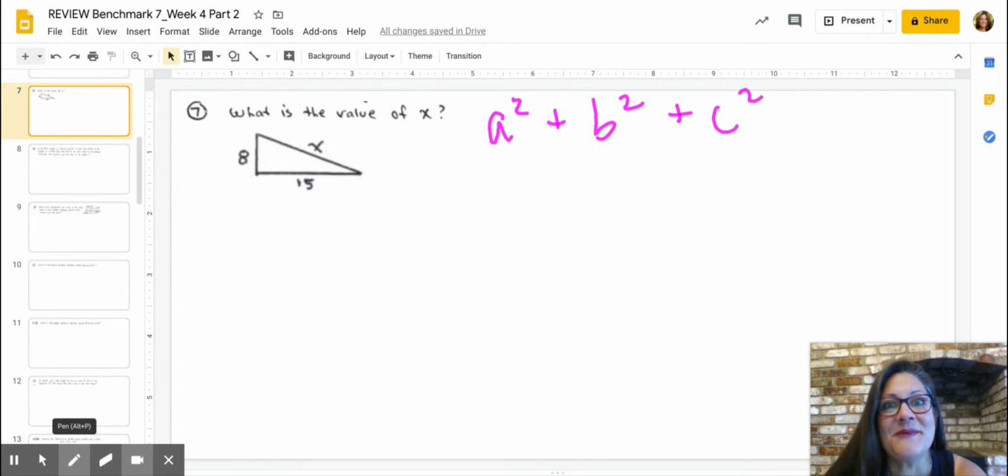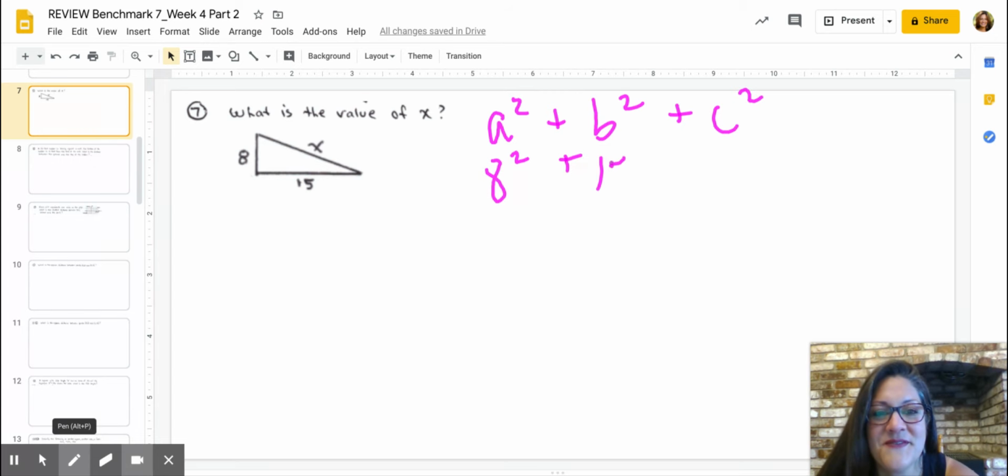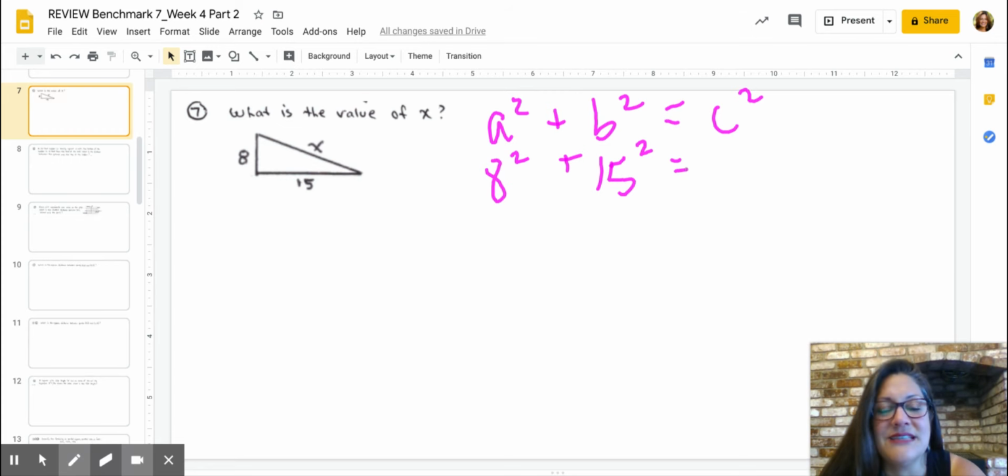So best memories of 8th grade. Okay, so 8 squared plus 15 squared. Oh, and I did that symbol wrong. I was reminiscing about my 8th grade. I got silly. All right, and equals c squared. And of course, c is equal to x in this one.